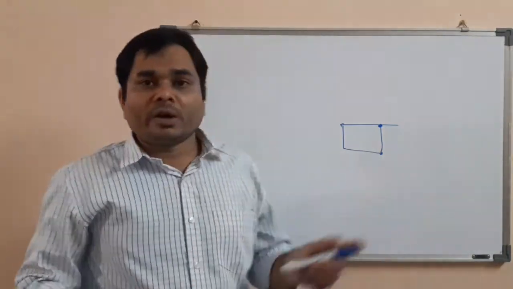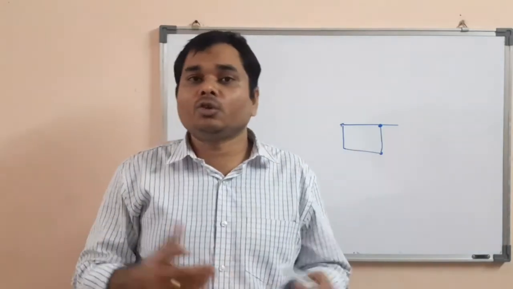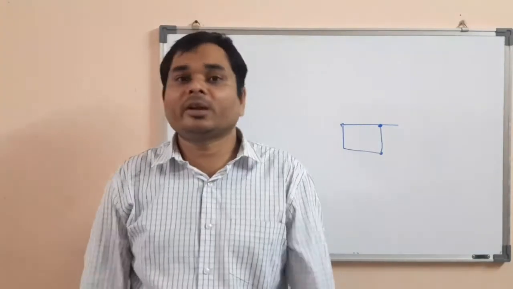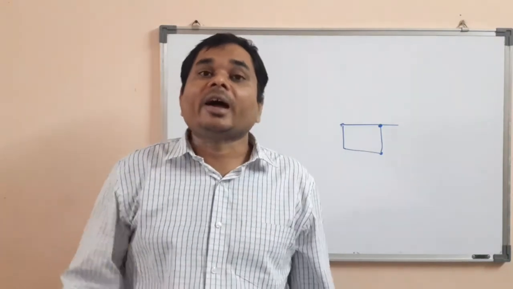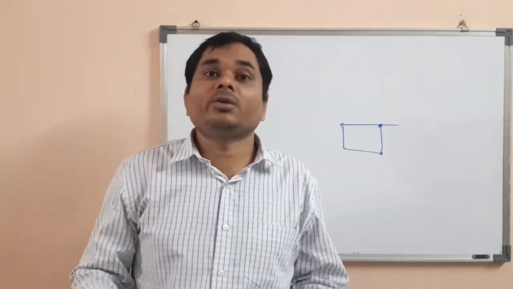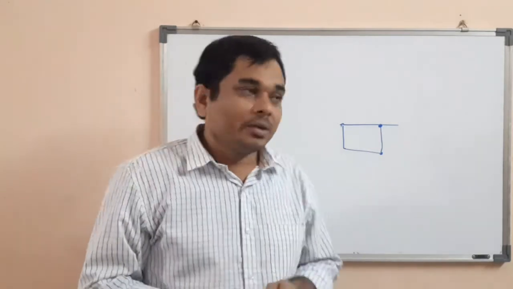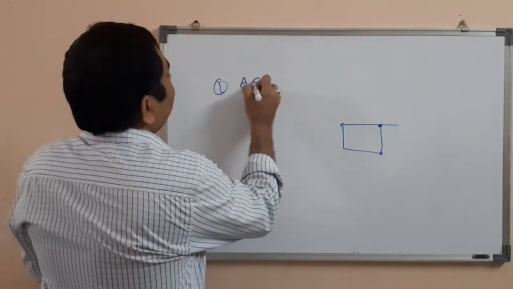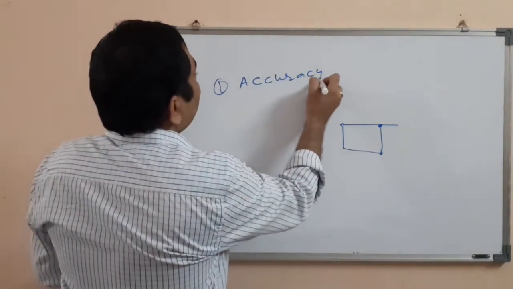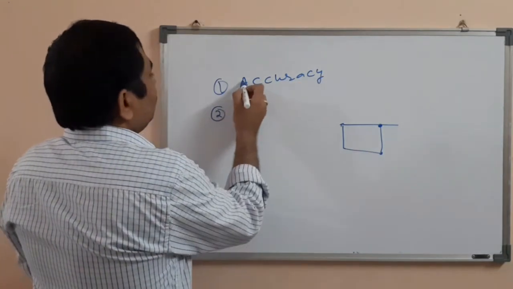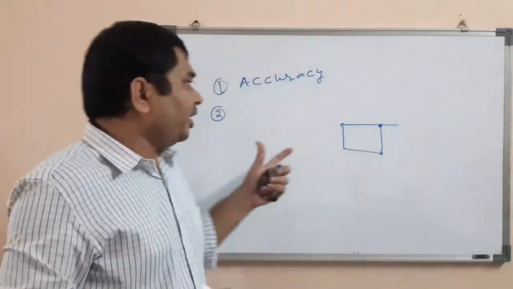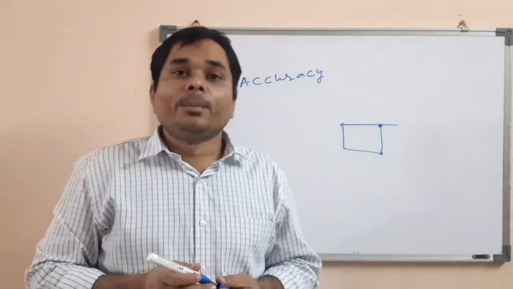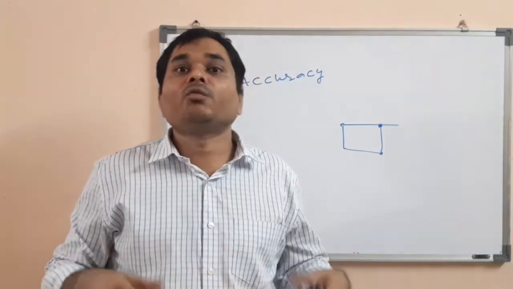Clear? Now what are the advantages of using potentiometer? You know that potentiometer as well as voltmeters can be used, but the advantage of potentiometer is they are highly accurate. Potentiometers are more accurate as compared to the voltmeters, so accuracy is more. Secondly, they can be used to measure both the EMF as well as voltage.